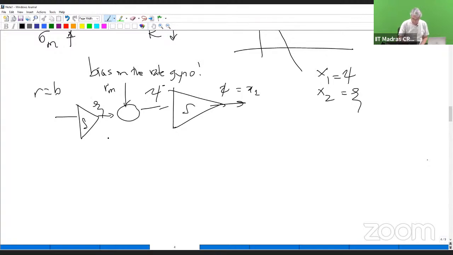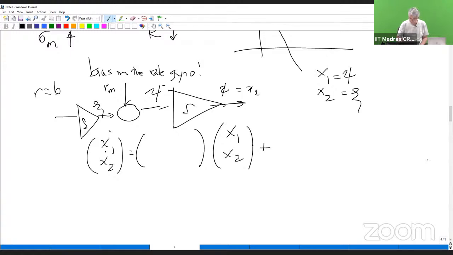Now, if you put all these together on top of each other, you get x1 dot, x2 dot equal to. So you got to get the derivative of psi. The derivative of psi is equal to c. So you get 0, 1.